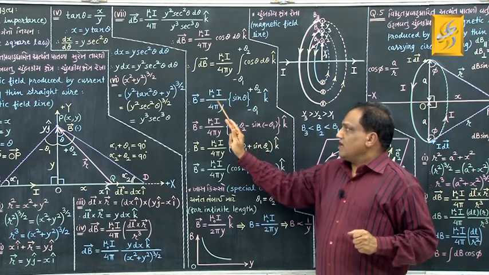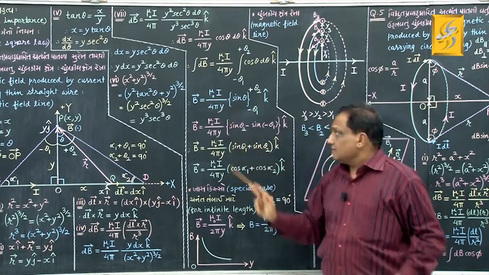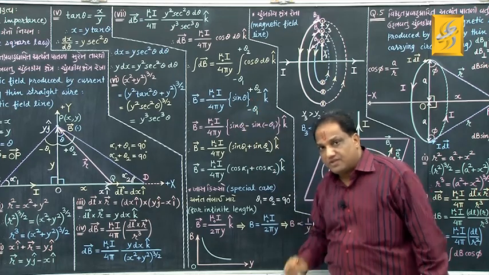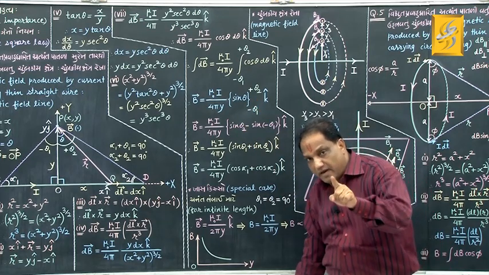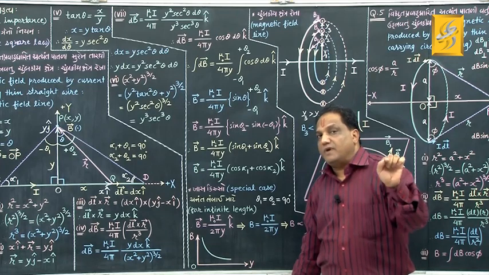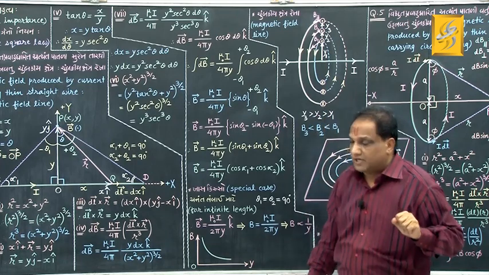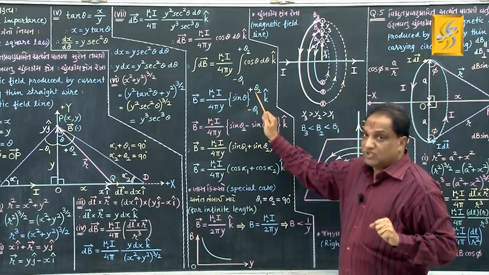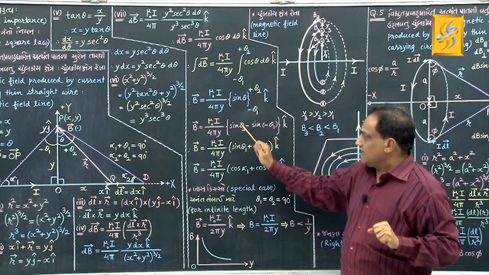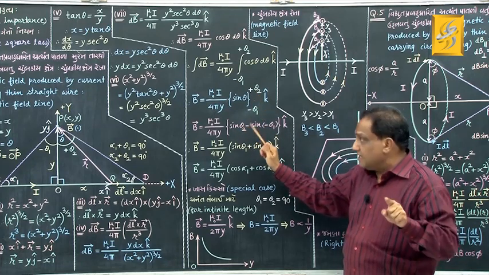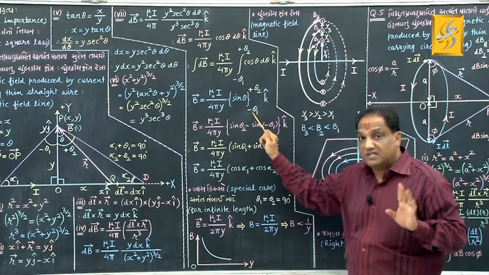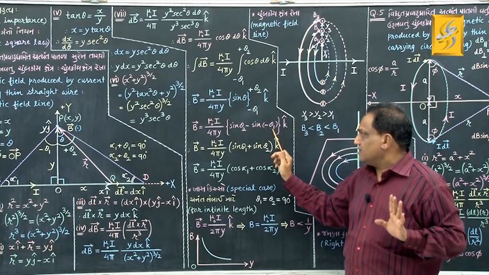Now this mu 0 I upon 4 pi y as it is, you know how to substitute the limits. First of all, you must place the upper limit, and then after putting minus sign, you are supposed to put the lower limit. Instead of theta, I must write first of all theta 2. So I written here sin theta 2. After putting minus sign, instead of theta, I am supposed to write minus theta 1. So it is sine of minus theta 1.